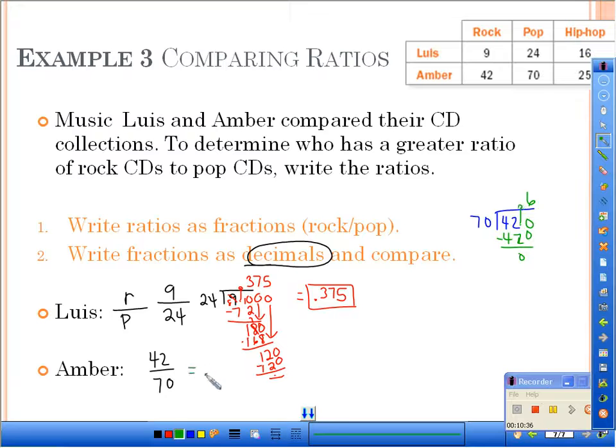This is equivalent to 0.6. Now that we've converted them to decimals, we can compare who has the greater ratio. 0.6 is greater than 0.375, so Amber has the greater ratio of rock to pop CDs.